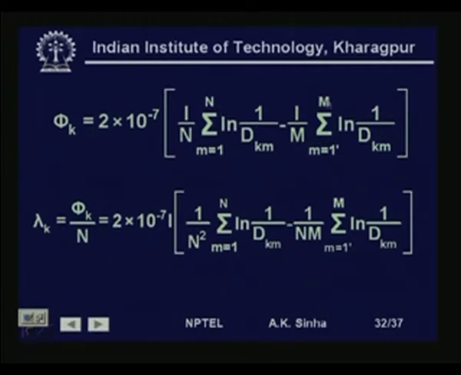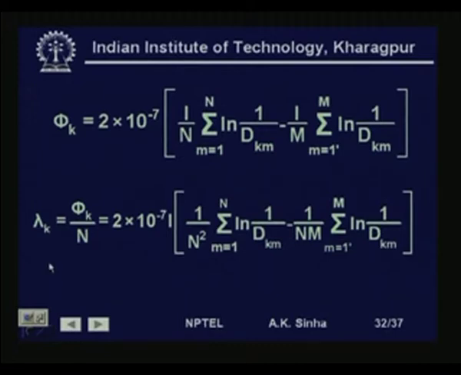So, the flux produced by them, which will be linking this conductor, will be given by minus I by m sigma m is equal to 1 dash to m log n 1 by d k m.